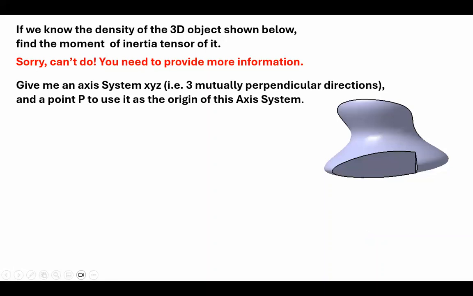First of all, as soon as you say calculate moment of inertia, you need to have given me some axis system. And even then, depending on where the origin of that axis is, you get a different value. So you need two things: an axis system, which means three mutually perpendicular directions, and a point. As soon as you specify the point and that axis system, it assumes that the origin of that axis system is at that point.